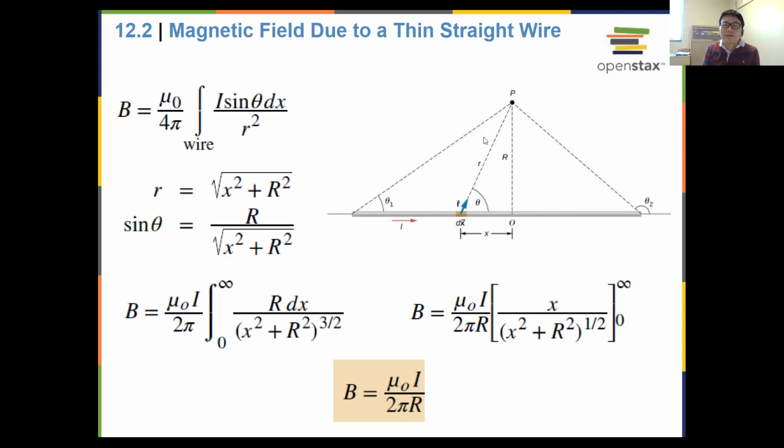Now this is the integration variable x, and the derivative of x. So r is a function of x in this case, x squared plus capital R squared. Sine of theta is also a function of x: opposite divided by hypotenuse of this small r, which is this guy.